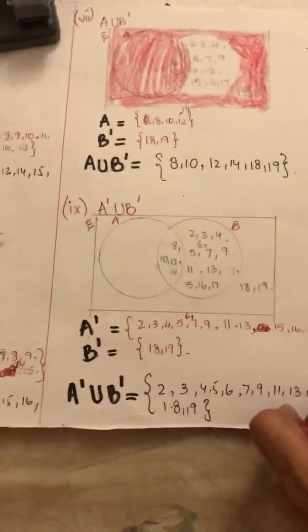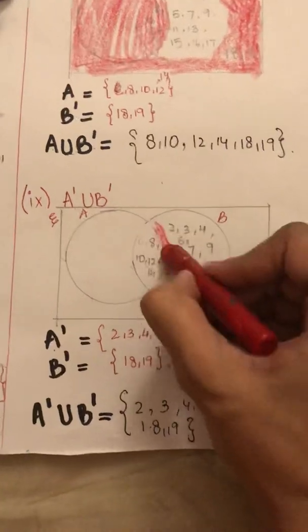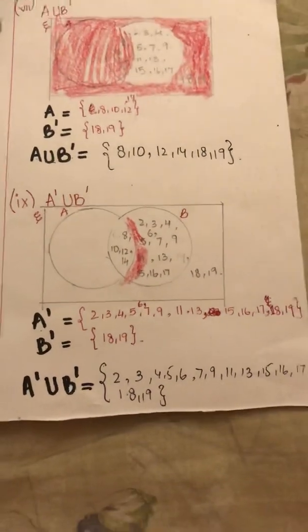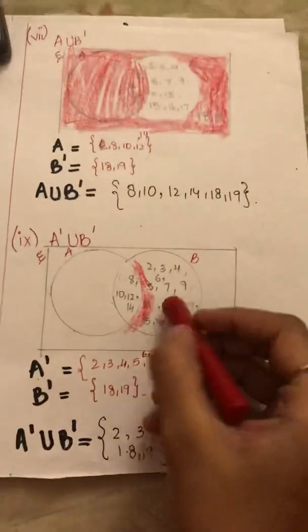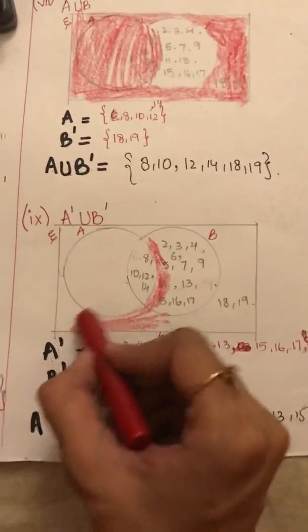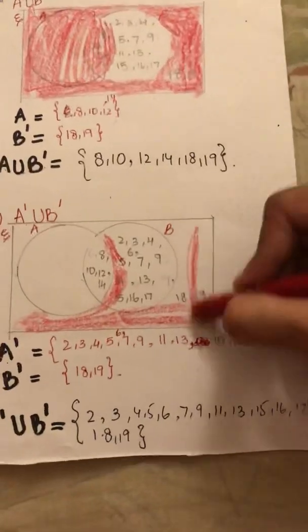And how are we going to shade it? We are not going to shade A entirely. Do the things mathematically and things will go very clear.